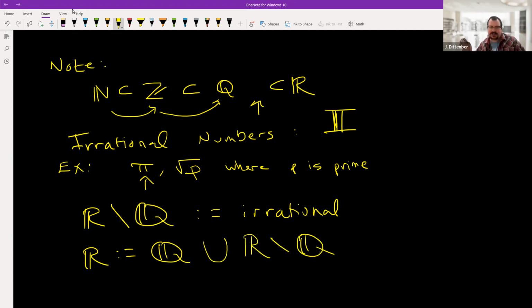I think it sounds right to me. It should be, yes, because the rational numbers include integers, natural numbers, and themselves. And then this set includes everything that's not in here. So put those together and we should have the real numbers. The only thing I worry about is we're not including infinity, but you can't include infinity, and they're not numbers.